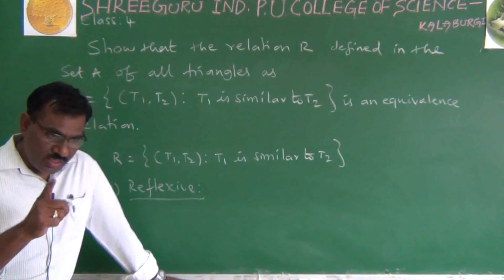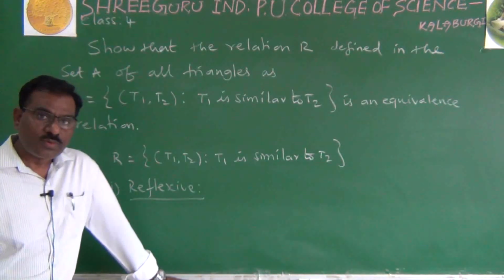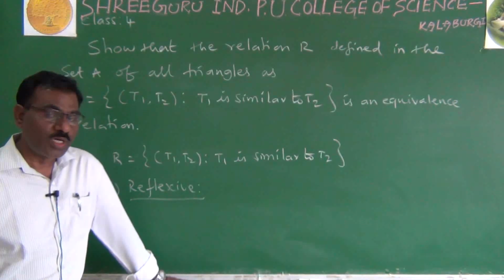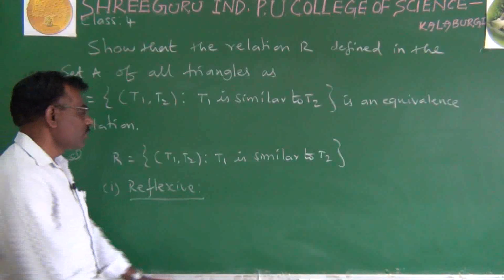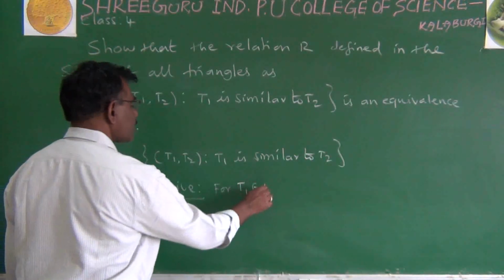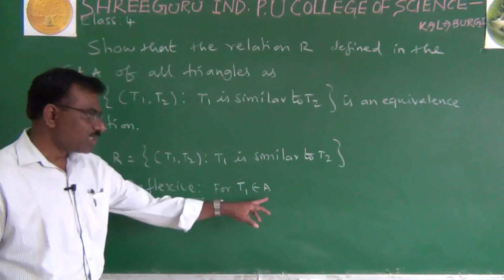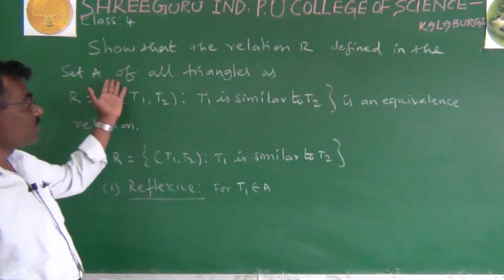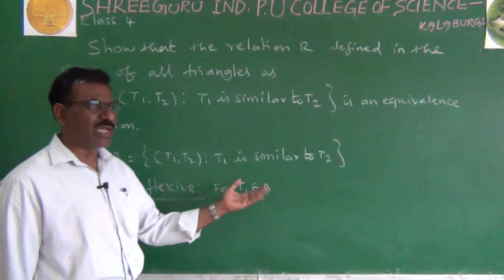Reflexive, I explained many times. Reflexive, you have to select one element. We have to prove it is related to itself. So, for T1 belongs to set A. Actually this is called capital T, because it is the set of triangles, but instead of capital T, A is given.